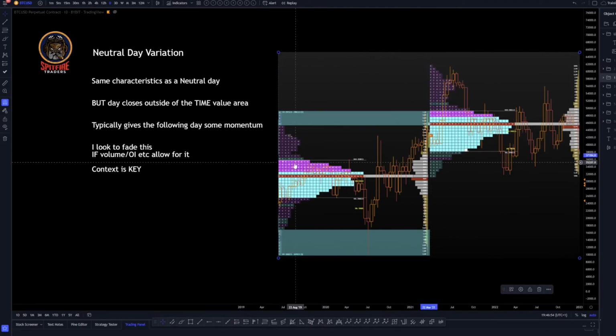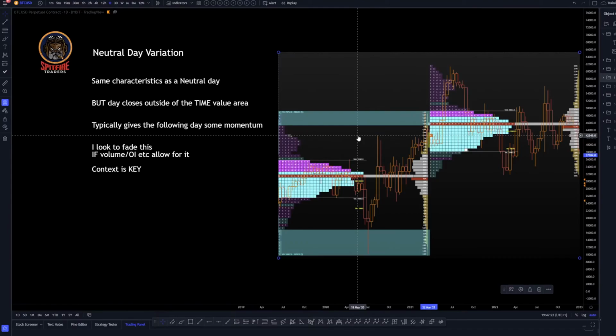Obviously it's a 24/7 market, so for us it doesn't make much of a difference compared to the stock market. However, the momentum that this causes, and again this is very context dependent, typically speaking, I'll look to fade a move if, and this is a big if, the volume, open interest, delta, etc.